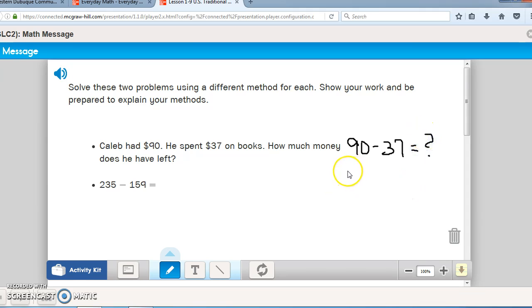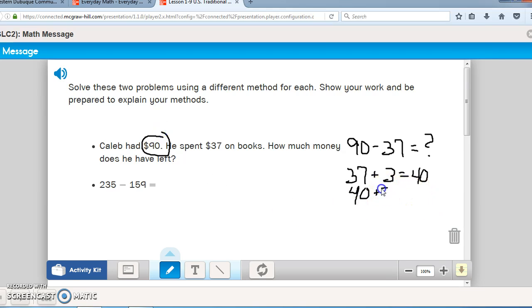So if I'm using the counting up method, I go 37 plus what gets me to the nearest tens. Well, 37 plus 3 will equal 40. Now I take that new total and I ask myself, well, how does 40 get to this original number, 90?